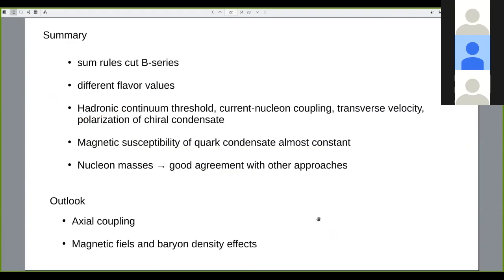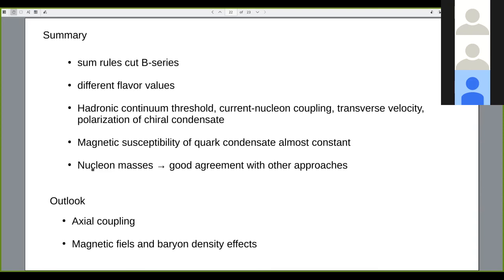So in summary, the sum rules with magnetic field cut the series in B, as well as it does with the OPE series. We have different flavor values. This is most interesting. All these quantities: the magnetic susceptibility of quark condensate is almost constant.